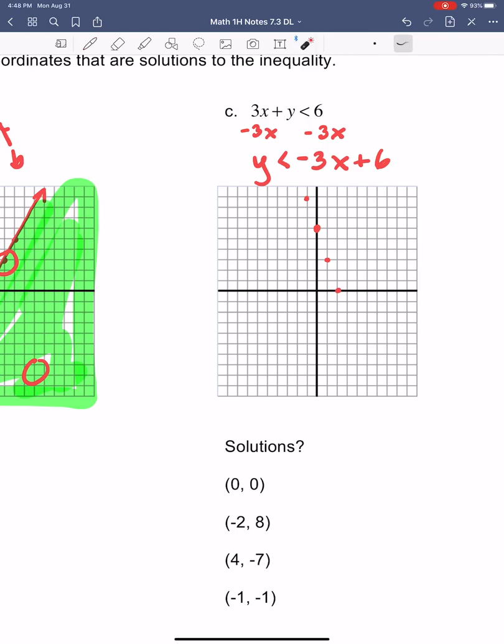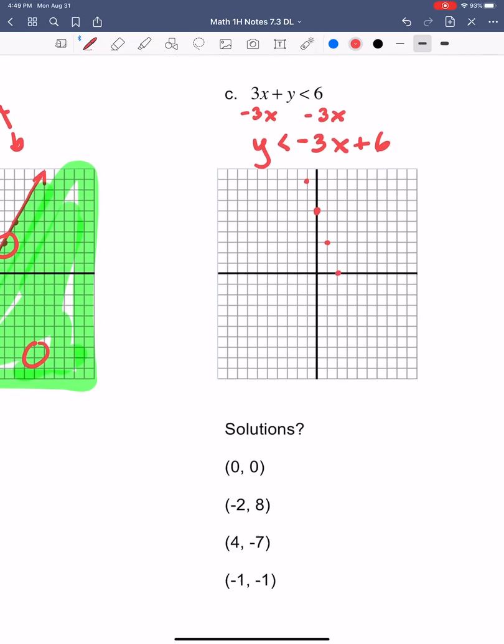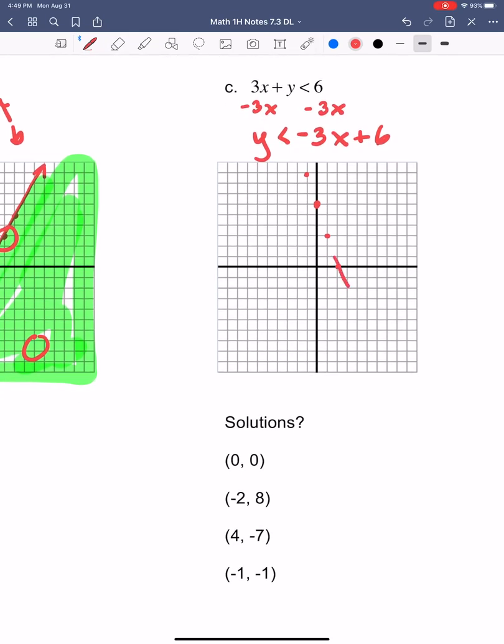Now I have to decide, okay, is this a solid line or a dotted line? This is a less than symbol. It does not have the or equal to bar, so that just means it's going to be a dashed line here, or a dotted line. And then the last piece is to decide which way to shade.